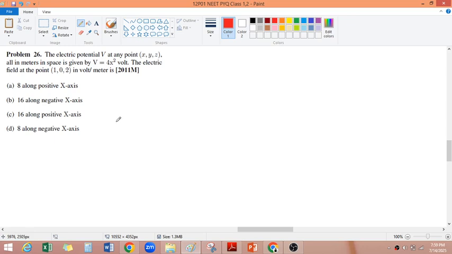Electrical potential V at any point, all in meters in space, is given by V is equal to 4x squared. Electric field at the point is, so you must have studied, just now we studied a formula E is equal to V by D, but more accurately the correct formula would be E is equal to minus dV by dl.